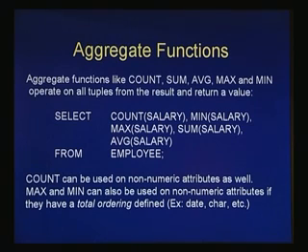There are, for example, count, which counts the number of tuples in the query result; sum, which computes the sum of the set of all values in the query result, in which case the query result should return a single numeric attribute; average, which computes the average of all values in the query result.